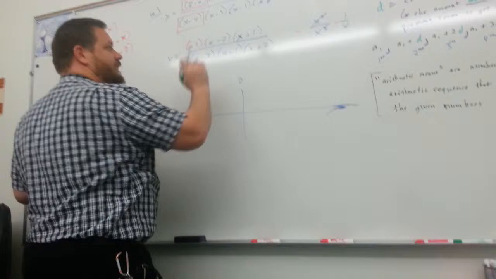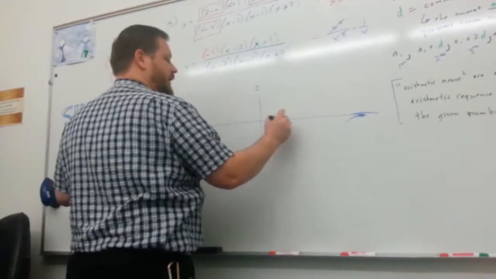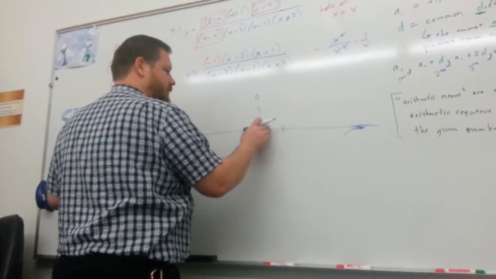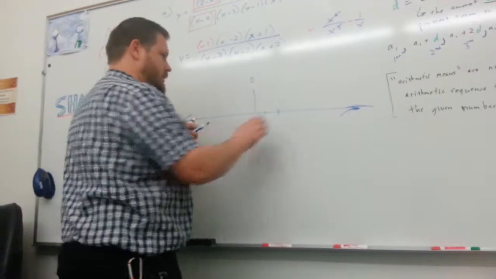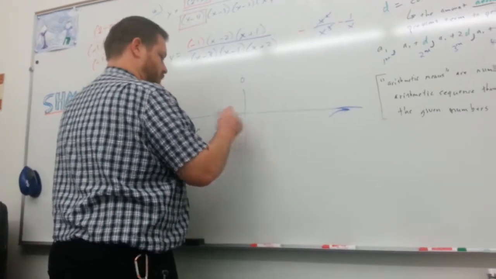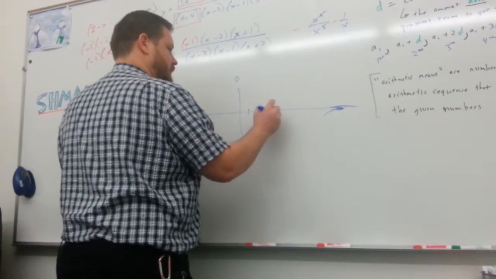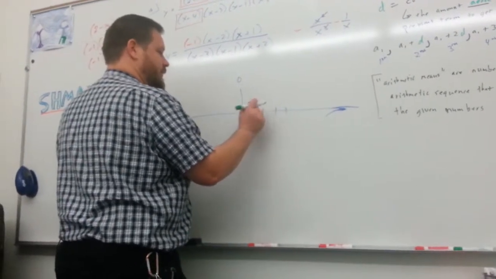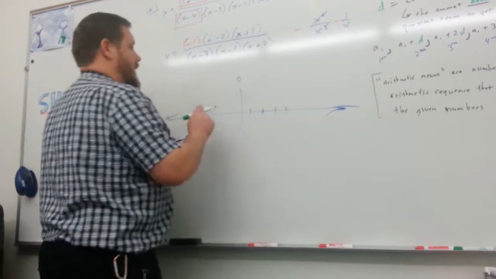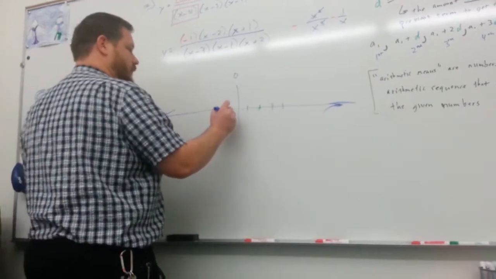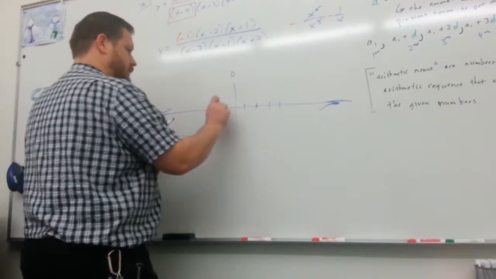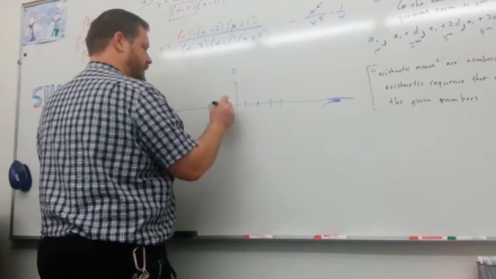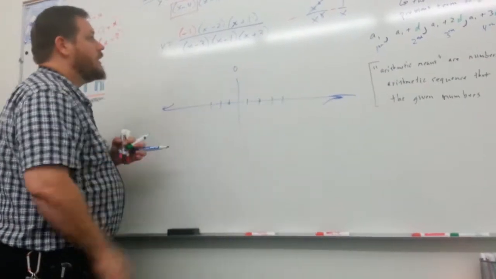Our zeros are 2 and negative 1. So we're going to have a 0 at 2 and another 0 at negative 1.